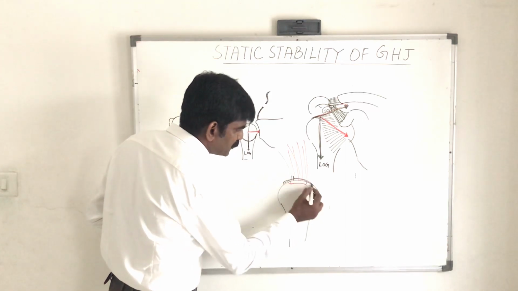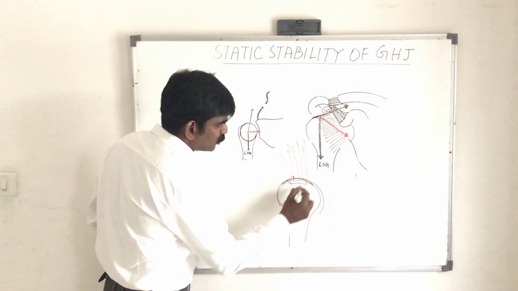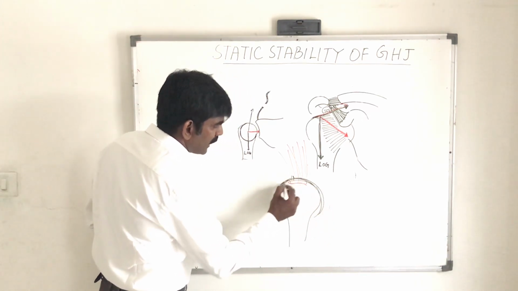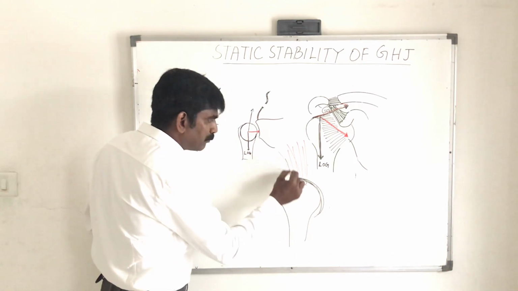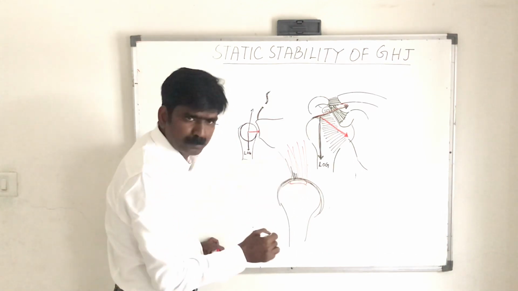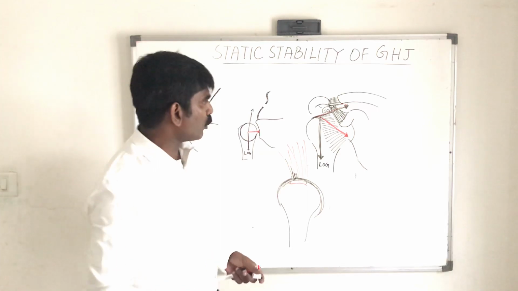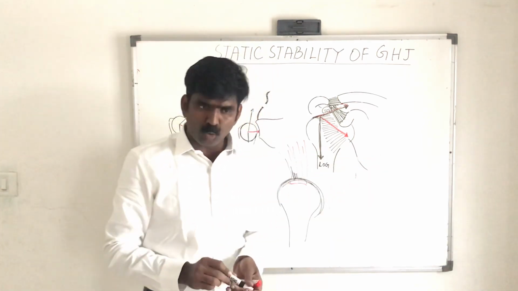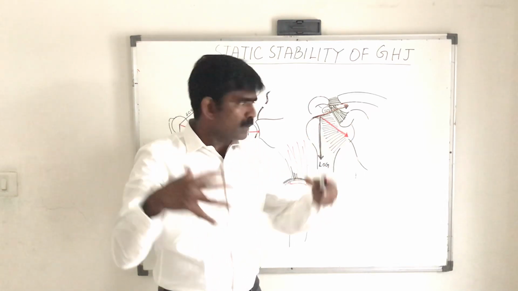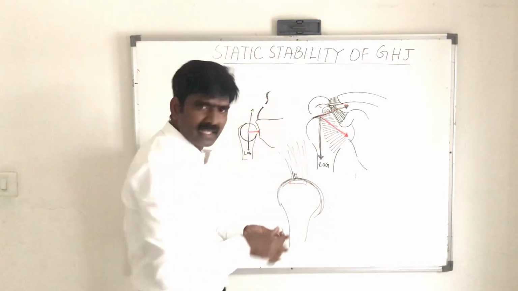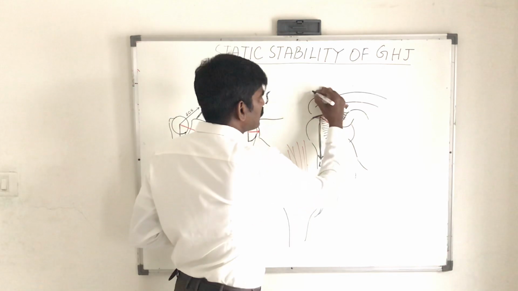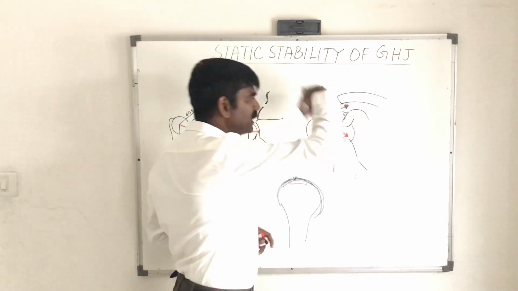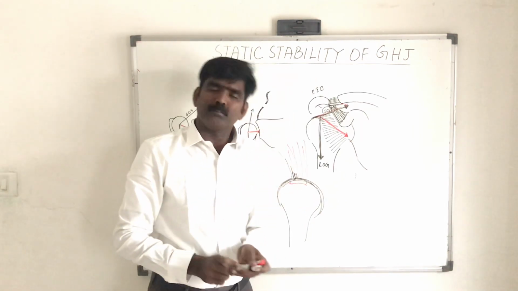This is the joint capsule, and first the glenohumeral joint is covered with the capsule, and this muscle blends with the glenohumeral joint capsule, and then it is attached to the bone. Clear? So the muscle does not have direct attachment to the bone. It blends with the capsule and with the RIC, and then it is inserted into the bone.